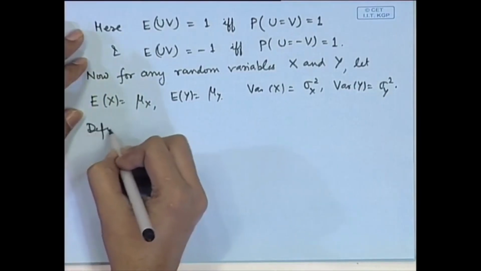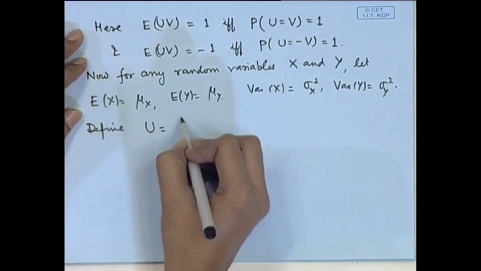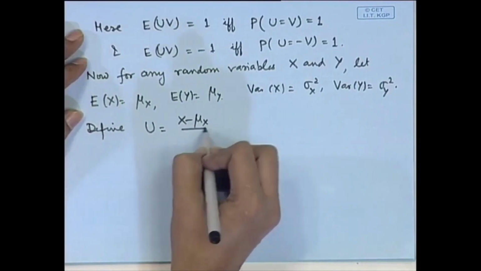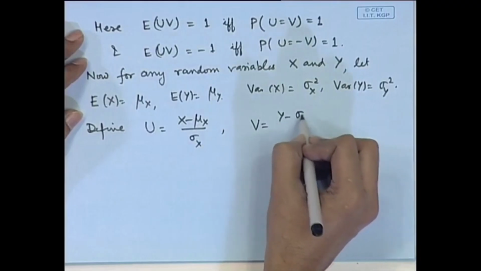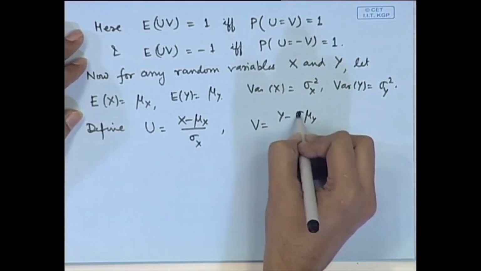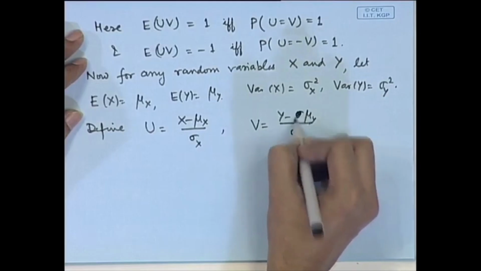Define U is equal to (X minus mu X) by sigma X, V is equal to (Y minus mu Y) by sigma Y.